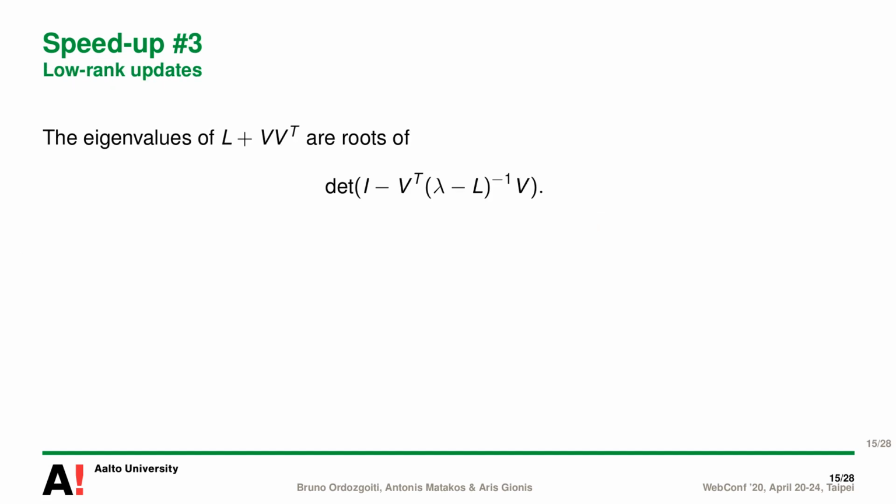The next speedup relies on low-rank updates of the eigendecomposition. You might know that if you modify a matrix with a positive semi-definite perturbation of low rank, represented here as VV transposed, then the new eigenvalues of the modified matrix are the roots of the expression shown here.